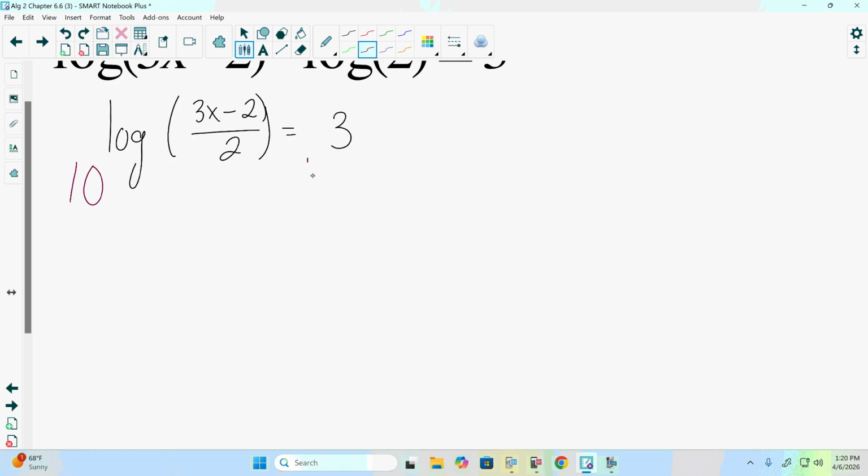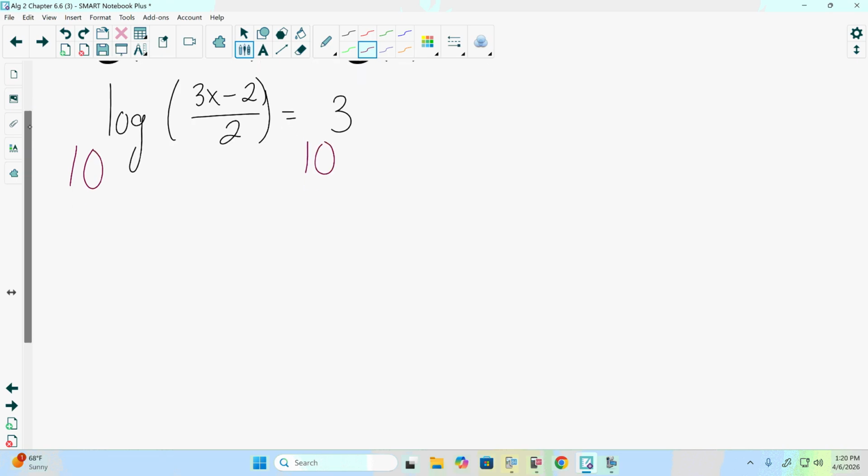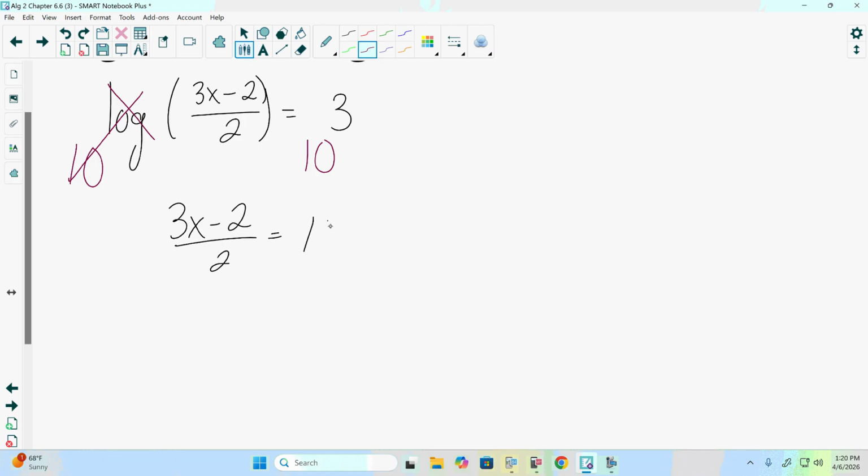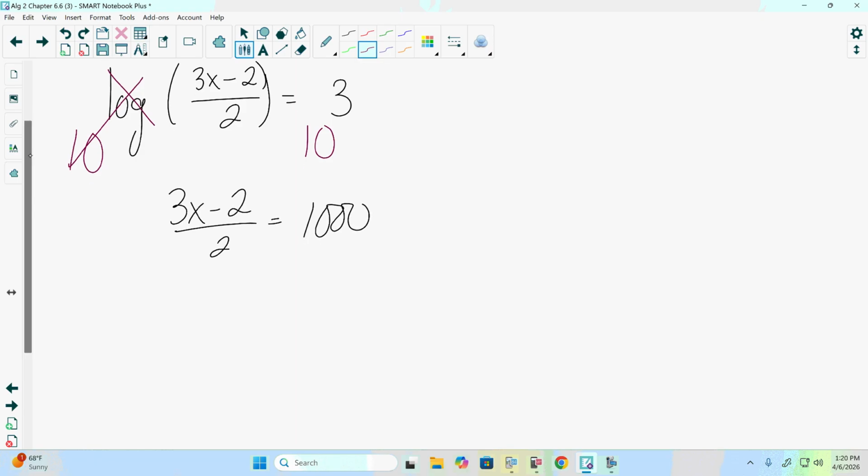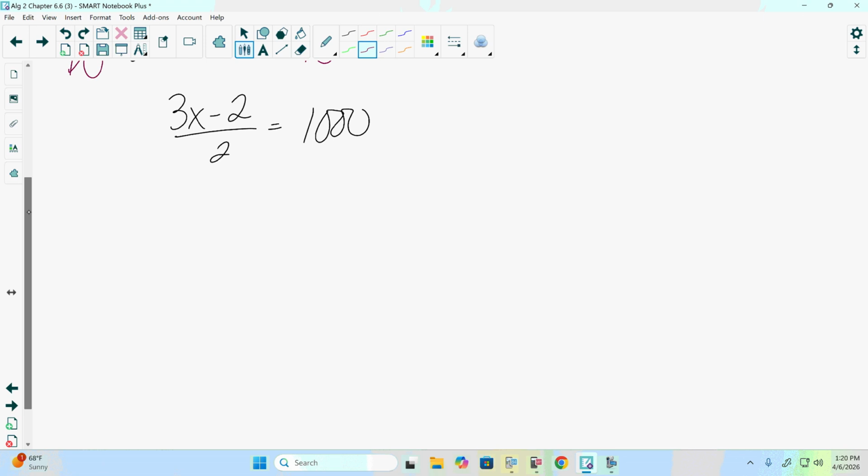Now we'll do the exact same thing. We're going to put both sides to the base of 10. That tells me that 3x minus 2 over 2 is equal to 10 to the third, or 1,000. Solve for x.